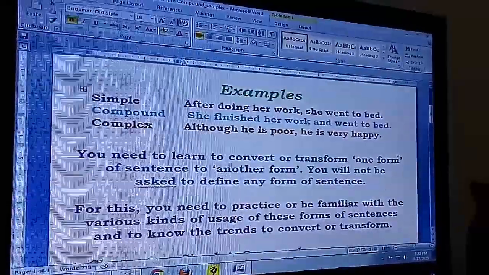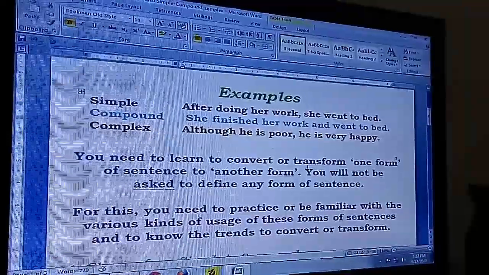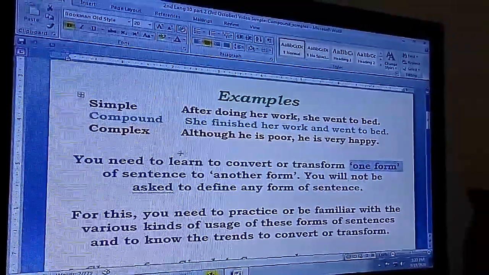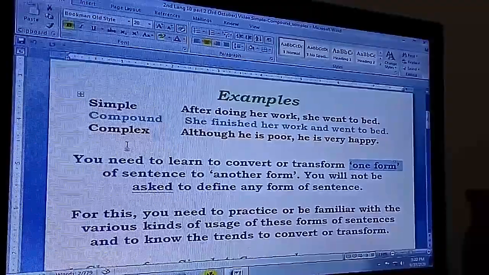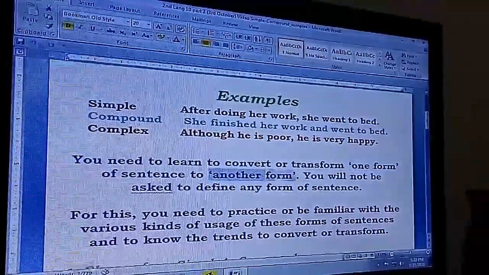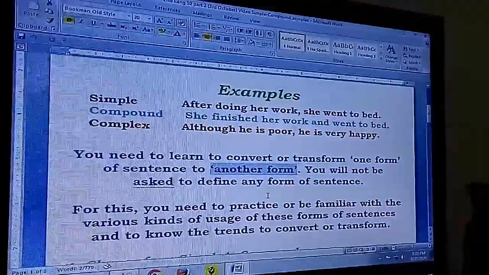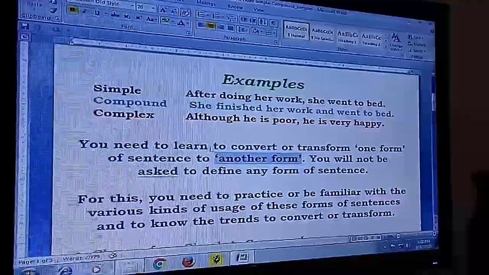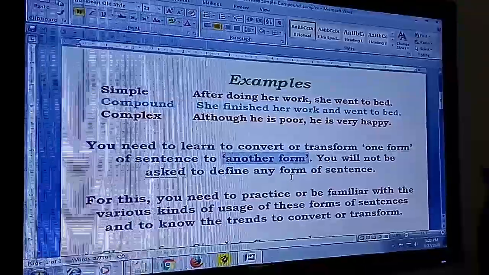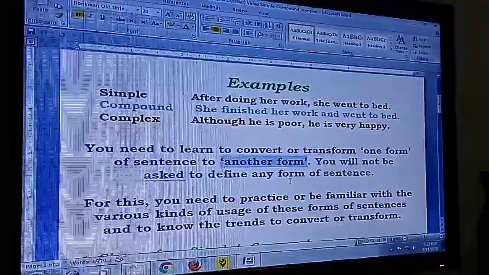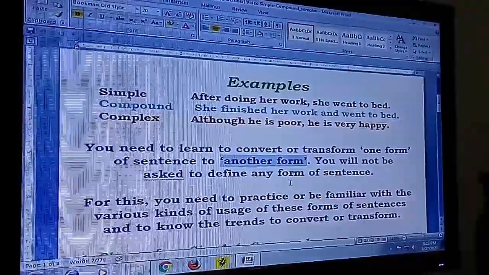Now you need to learn to convert or transform one form of sentence, namely simple, compound, or complex, to another form of sentence. I repeat, you need to learn to convert or transform one form of sentence to another form.